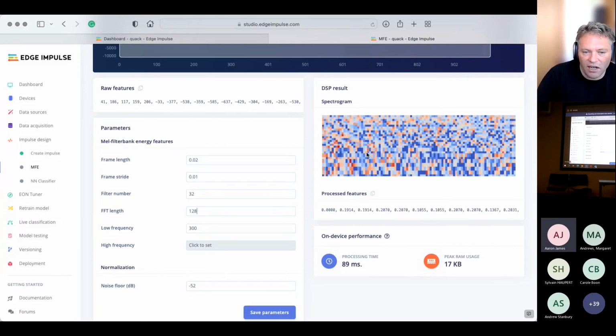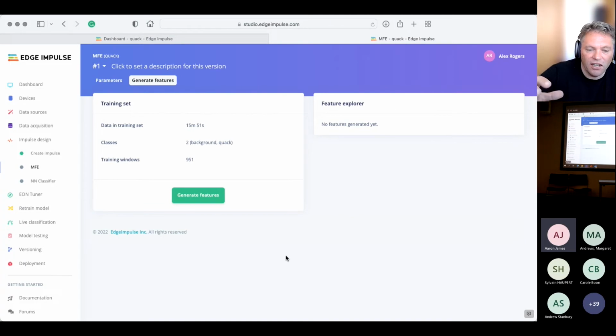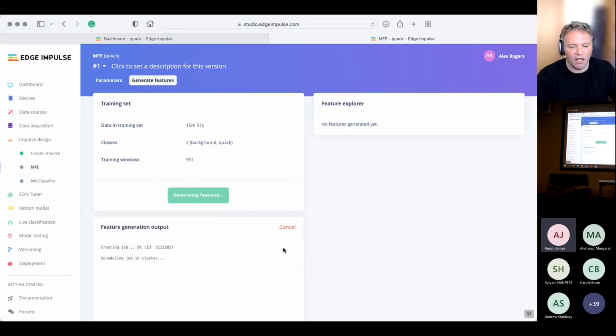So this is basically a spectrogram with a MEL frequency scale imposed on it to reduce the size a little bit. And then I take my training data and I generate all those features.